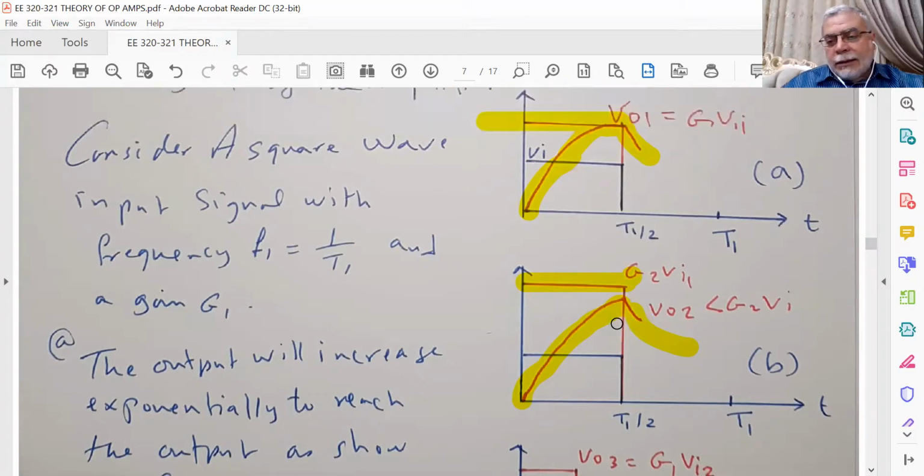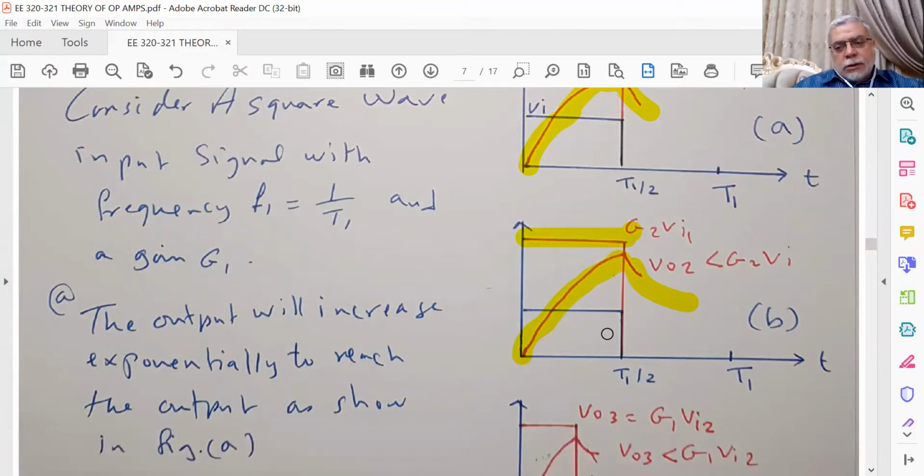We cannot reach the maximum required for this new gain at the same frequency. So here we have a limitation on the gain. The maximum gain is this value multiplied by the input to produce this output, which is at the limit of operation.